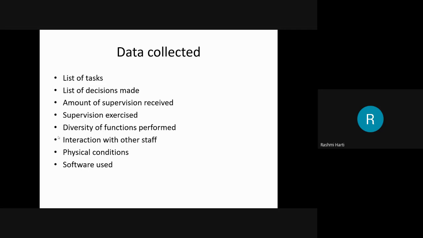For example, if you are framing a job analysis, job description and specification of an HR manager, you note down the list of tasks put forth by the HR manager. Whatever tasks he does in the entire day, that is noted, and what decisions he makes in the entire day or entire month, that is noted.